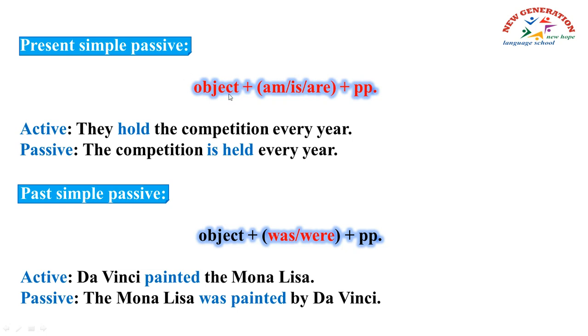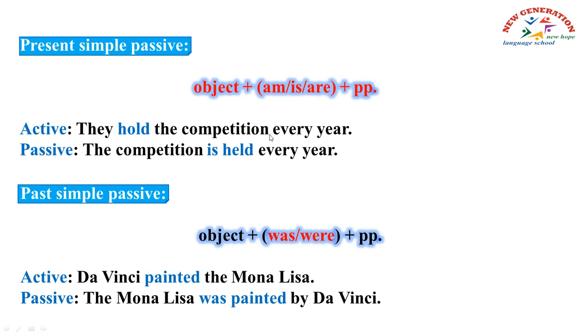That means we start with the object, and before we add the main verb, which will always be in the PP form, we have to use verb to be according to the tense. So verb to be here will come in the present simple tense, which means am, is, or are. This is the form of the passive voice in the present simple tense.